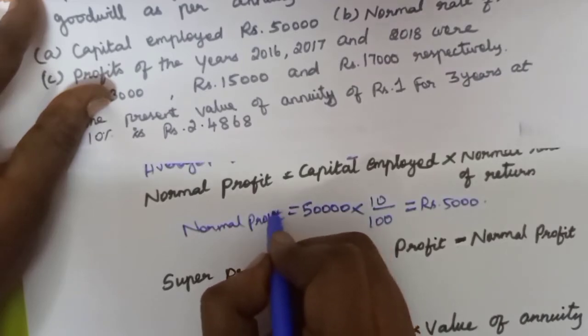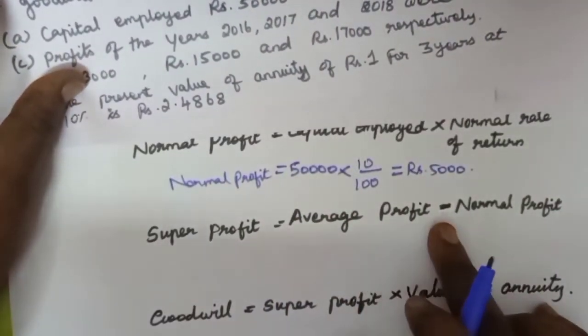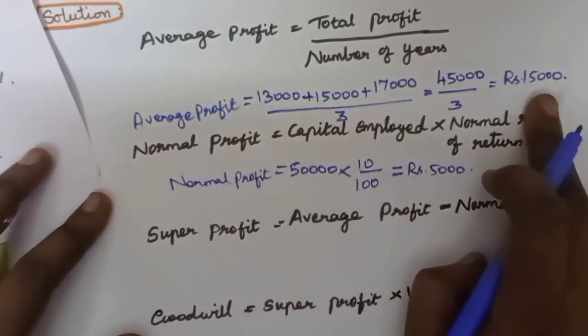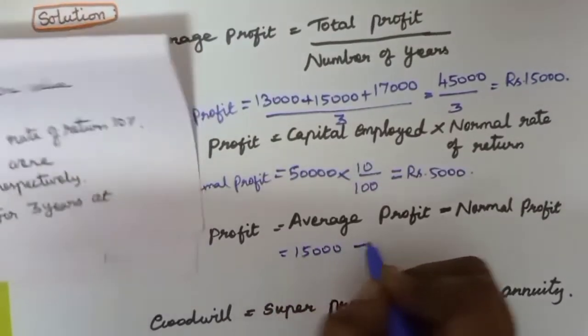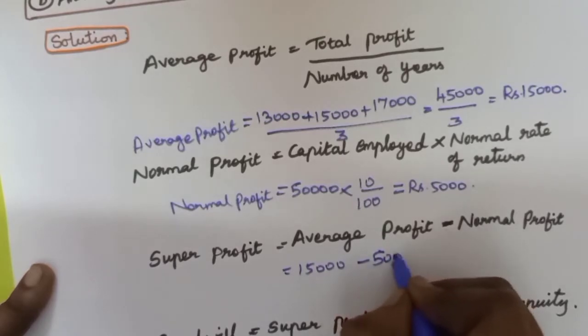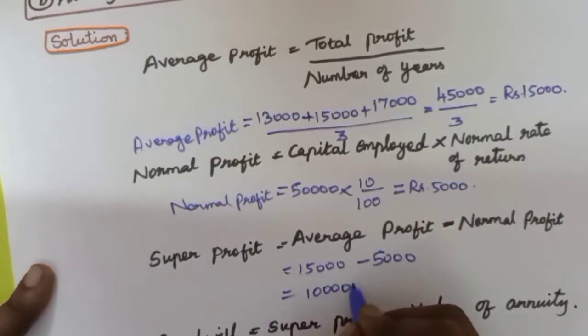Next, find out the super profit. Super profit is equal to average profit minus normal profit. What is the average profit? 15,000. 15,000 minus normal profit 5,000, we will get 10,000 rupees super profit.